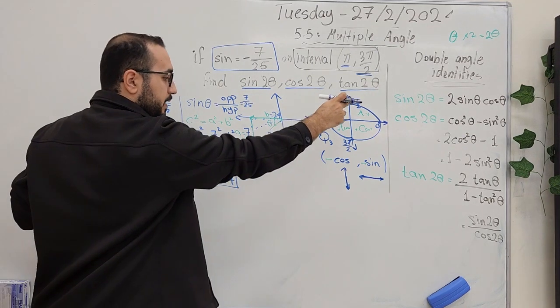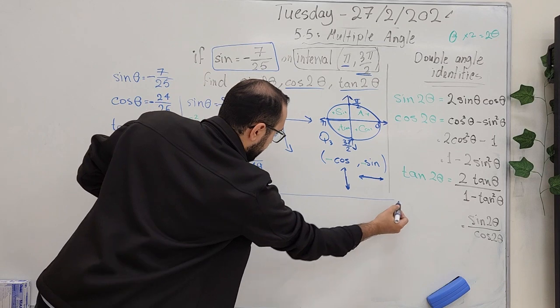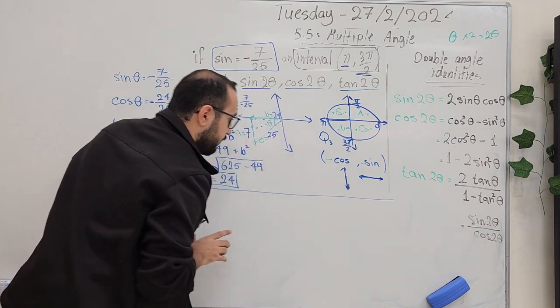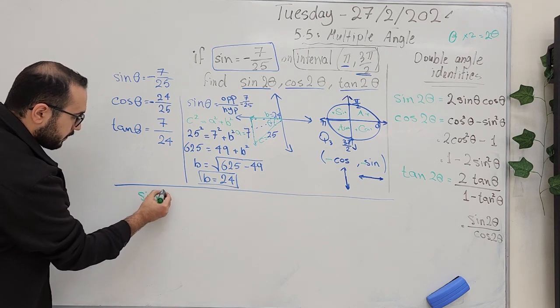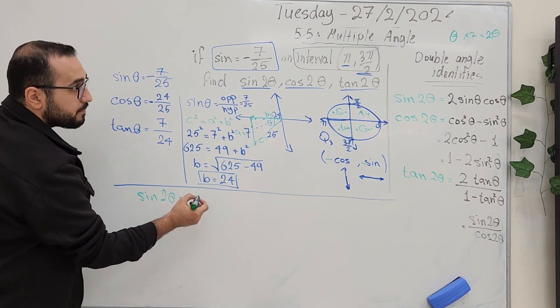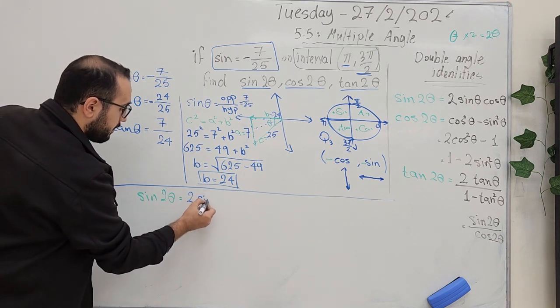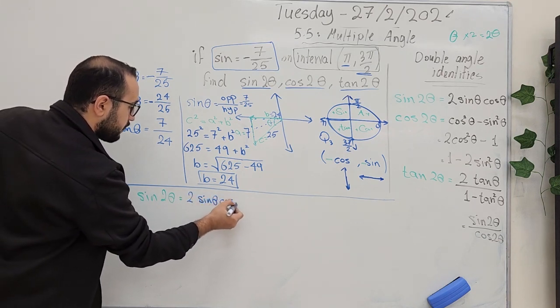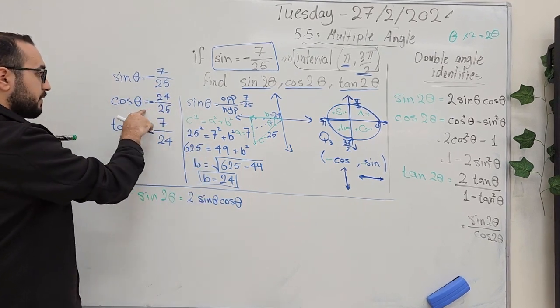Now let's use the formula of the double angle. Let me put a line here so we can understand. Let's start with the sine double angle. Sine double angle equals 2 sine theta times cosine theta. Sine theta is given, cosine theta is given.